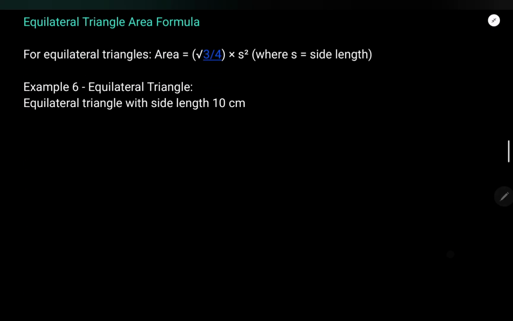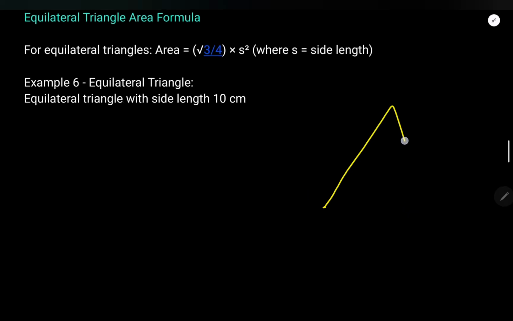Okay. Now, in case we have an equilateral triangle, we don't have the right angle triangle now. What do we have instead? We have this kind of triangle.